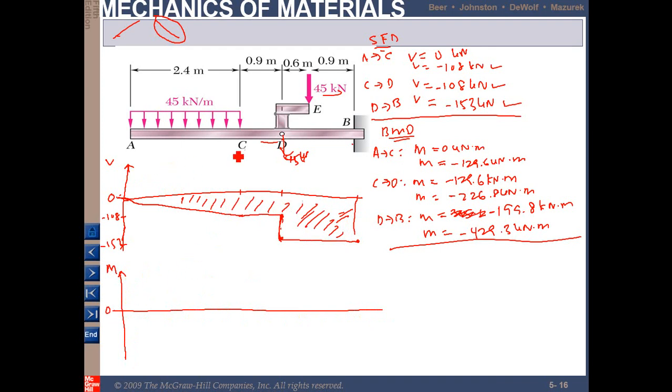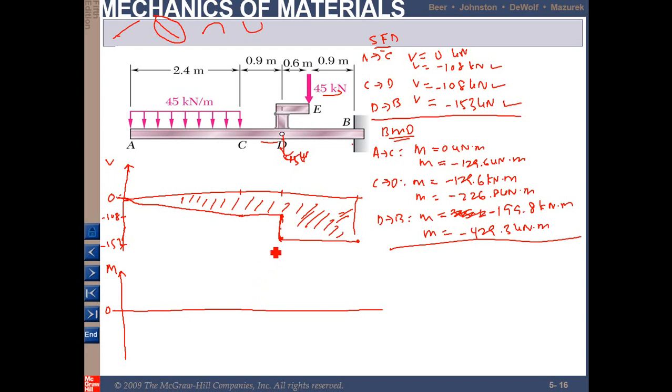Okay, from A to C, because it is a UDL, a uniform distributed load, it will cause the bending moment diagram to be a quadratic shape, either like this or like this.